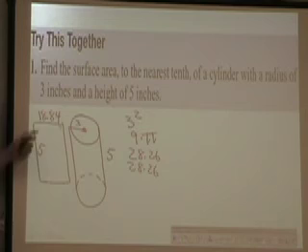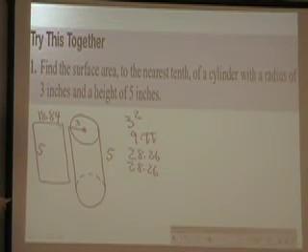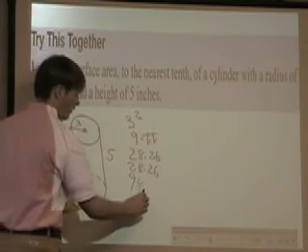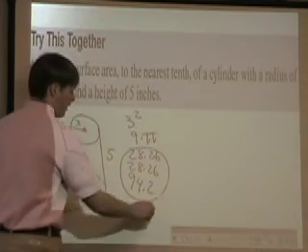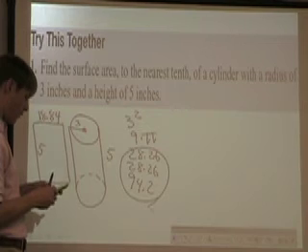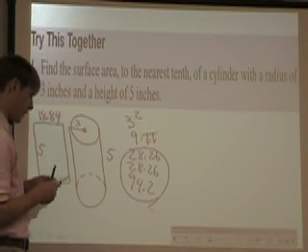So now you multiply length times width, 18.84 times 5. And that's 94.2. So now you have 94.2 and you got to add these 3. So you got 94.2 plus 28.26 plus 28.26. And that's 150.72.